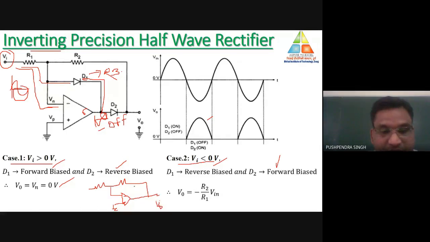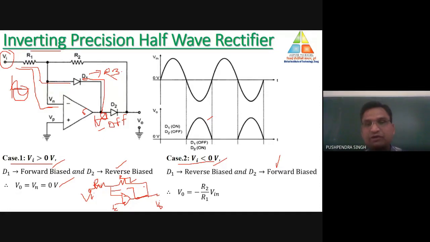We know this is open circuited D1 and this is short circuited D2. So due to that, R2, R1, and here is your Vin. What is the name of this circuit? This is a simple inverting amplifier.